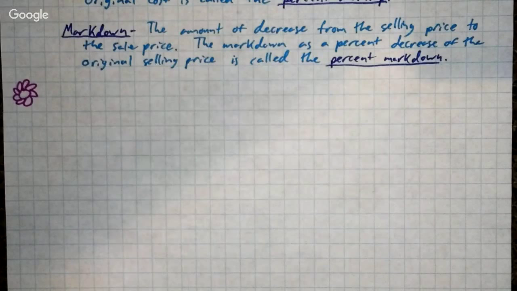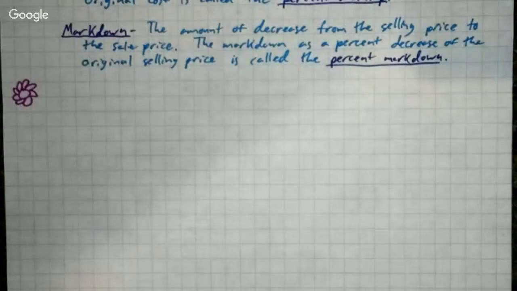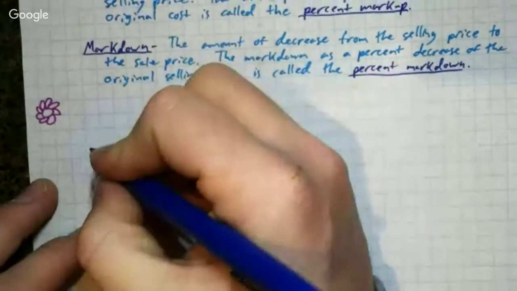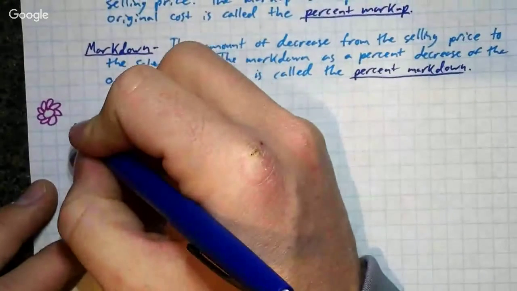So let's start. I'm going to go with blue. Blue is going to be where I write my markup or markdown. On one side, I'm going to start with how to find the markup.